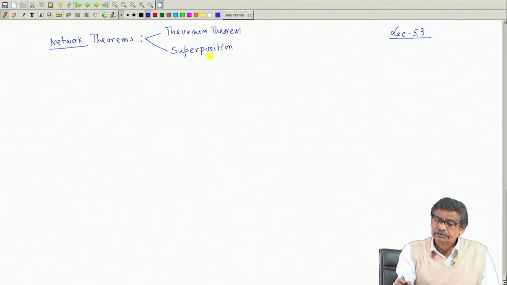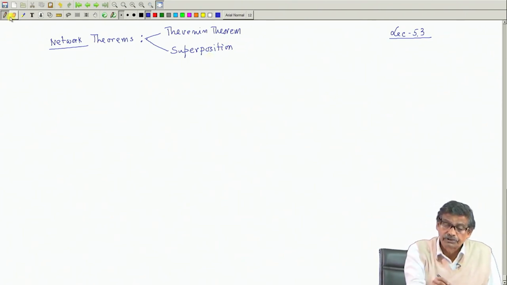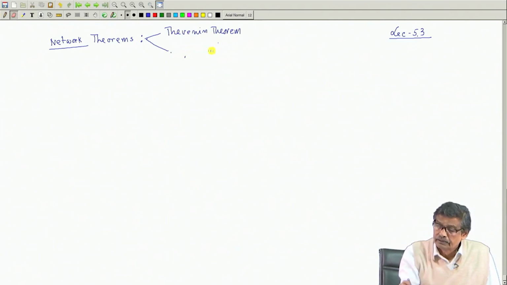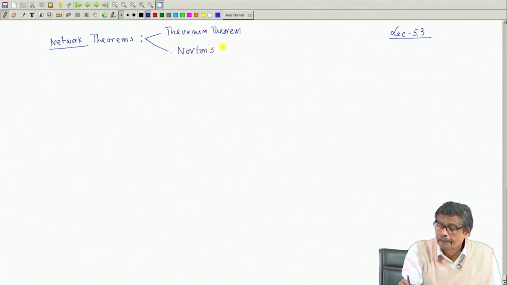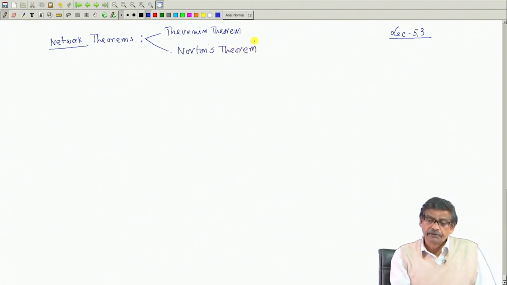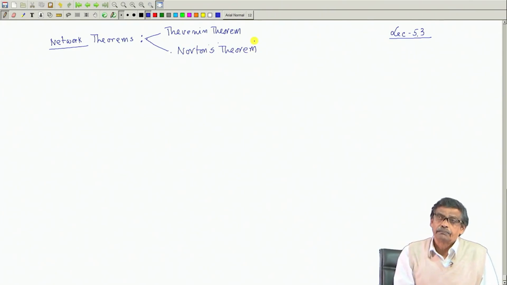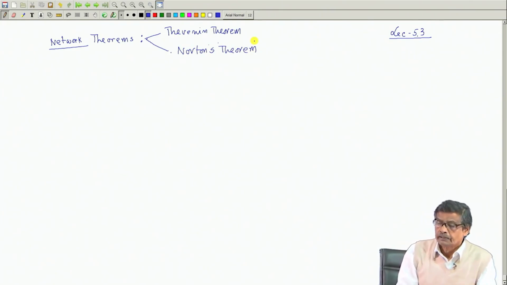But anyway, these two theorems, Thevenin's and Norton's, are often used in finding out currents in a particular branch of a circuit.